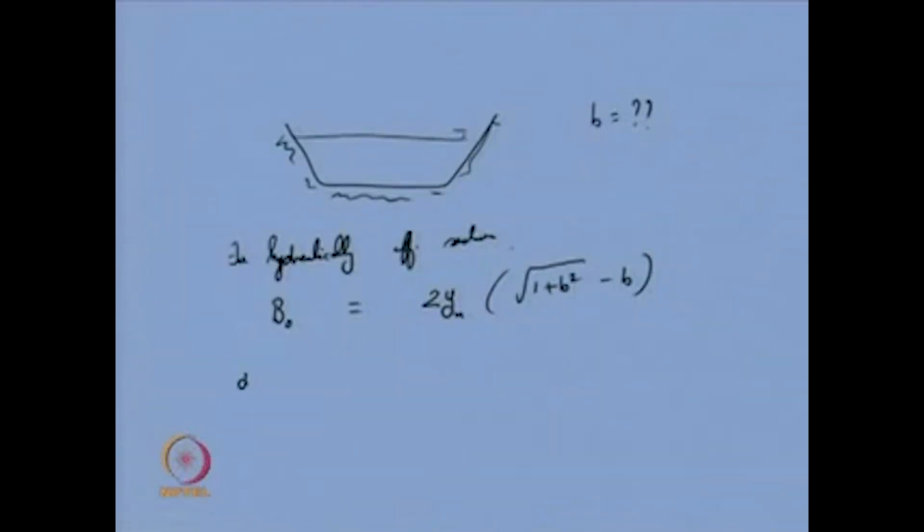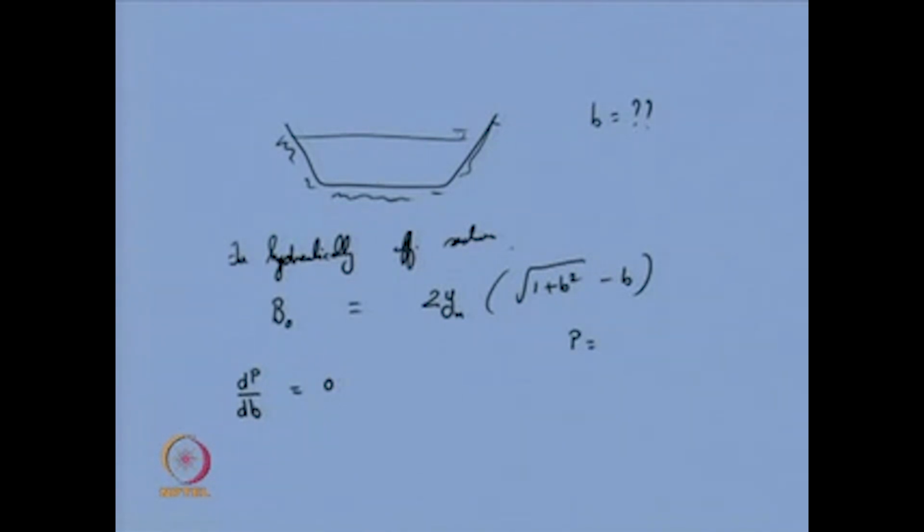Let us see how that is there. Your wetted perimeter here again has to be differentiated with respect to the channel side slope, and you have to see that it is the minimum. So, if you equate dP by dm equal to 0, what will you get? You know what P is?